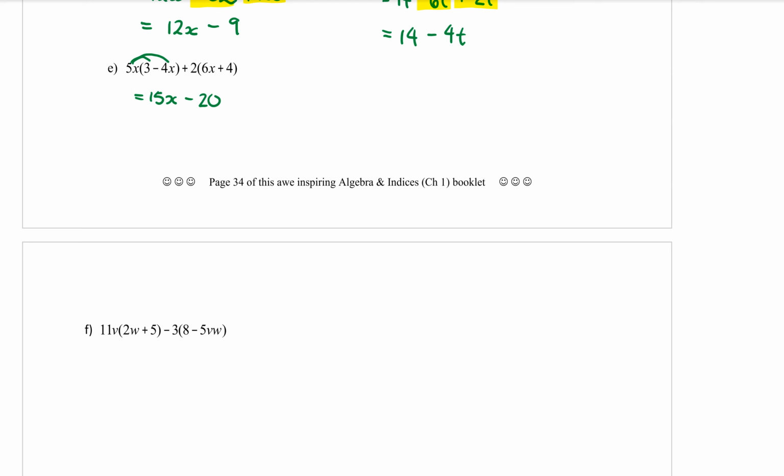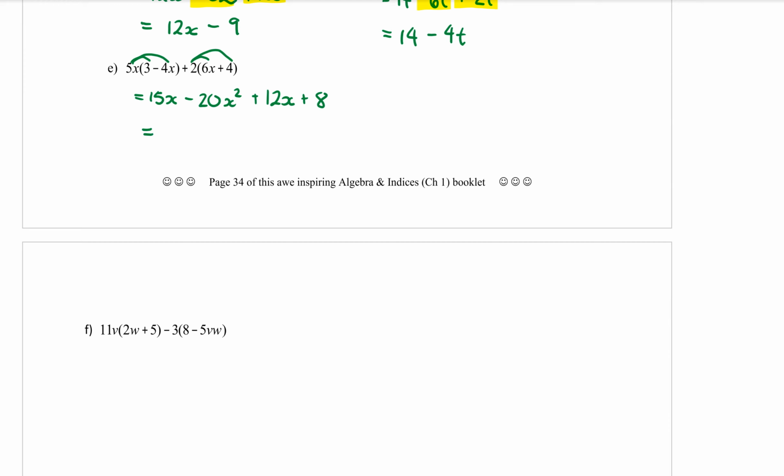I had 2 x's though, so x squared. Okay, first bracket is done. We're moving on to the second one. We now want to multiply the 2 with the 6x. Now there is a plus sign there, so let's put that down. Plus 2 times 6 is 12x. And plus again, because there's a plus sign in the middle of the bracket here. 2 times 4 is 8.